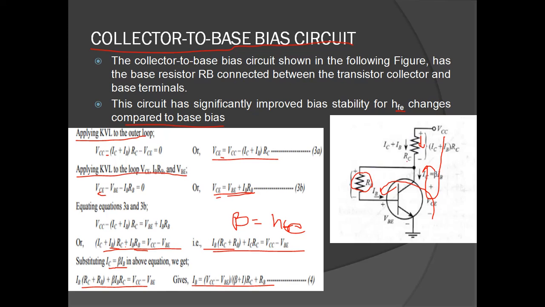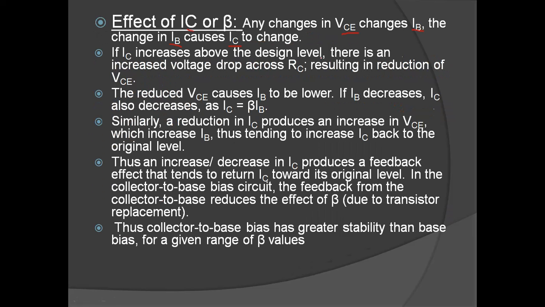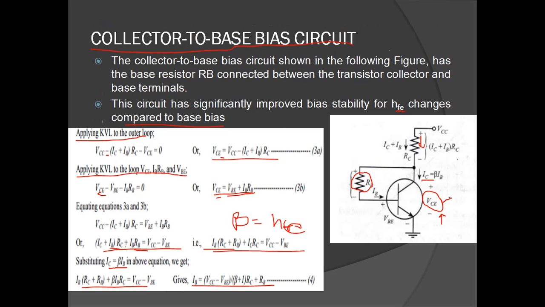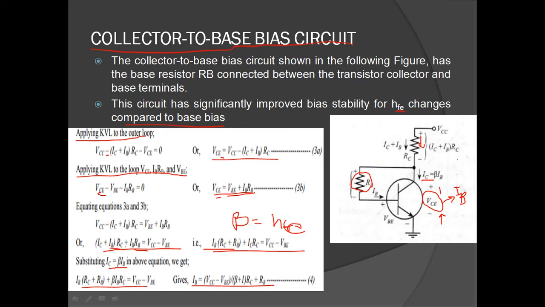So VCE changes IB, and IB internally changes IC, because IC is equal to beta IB.